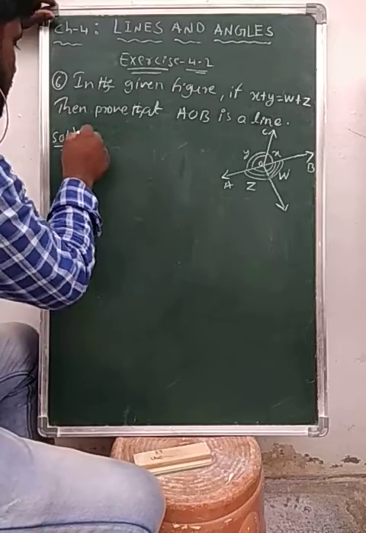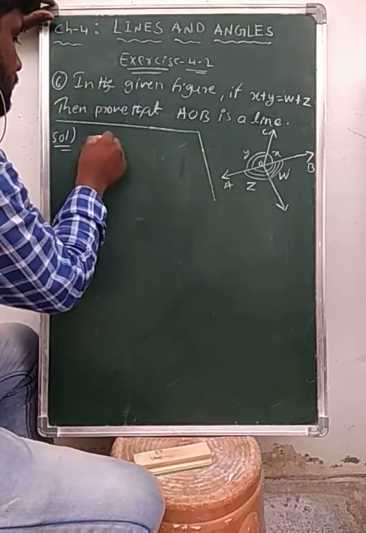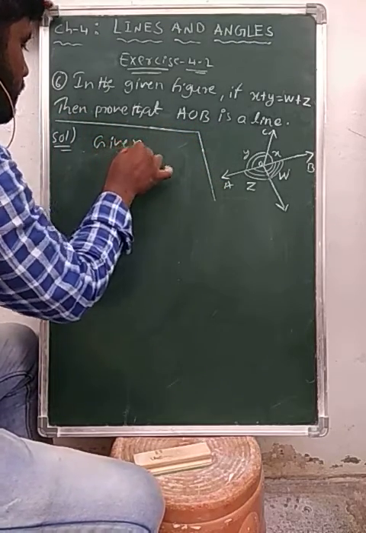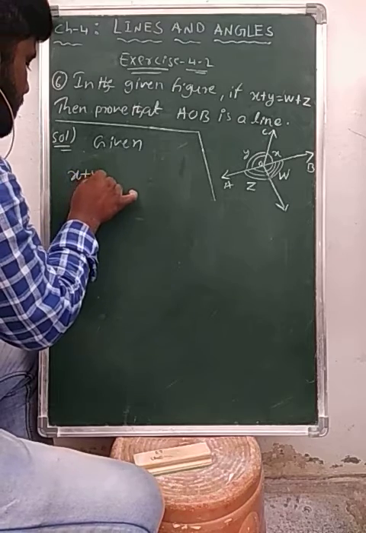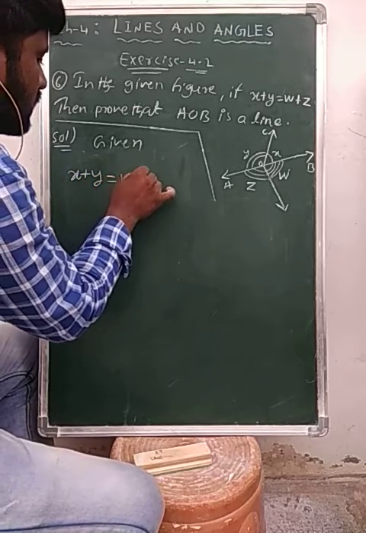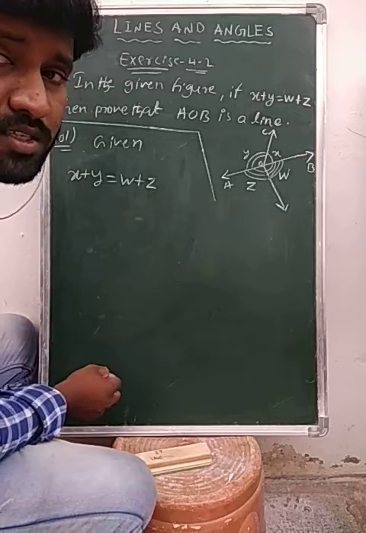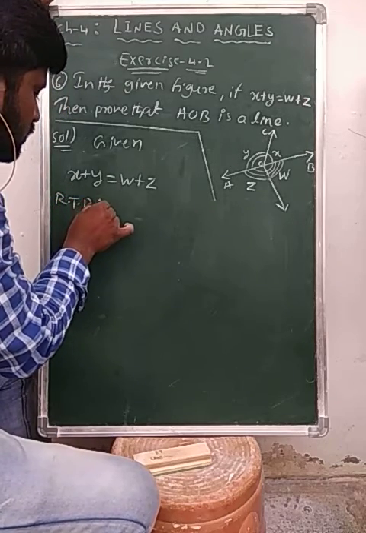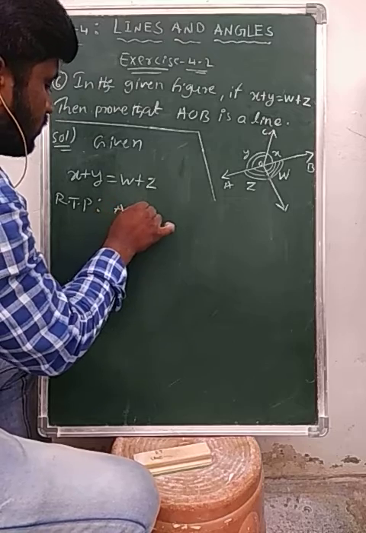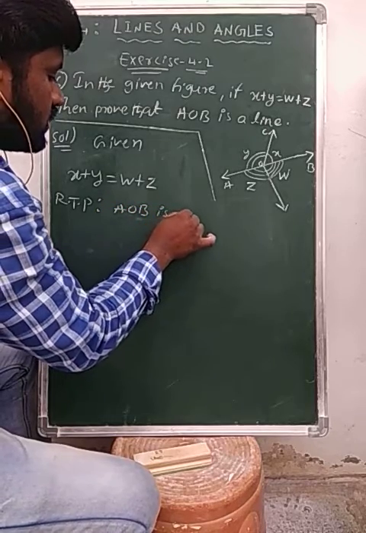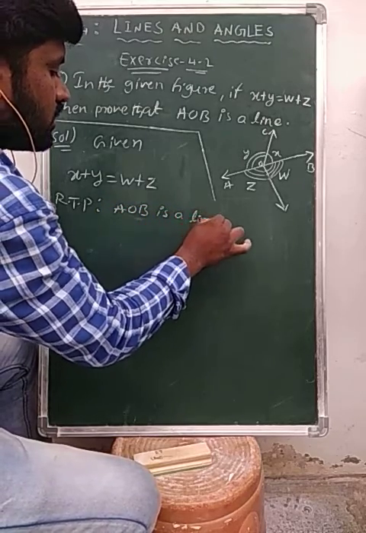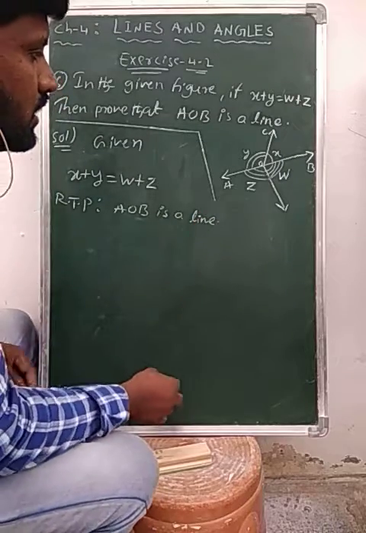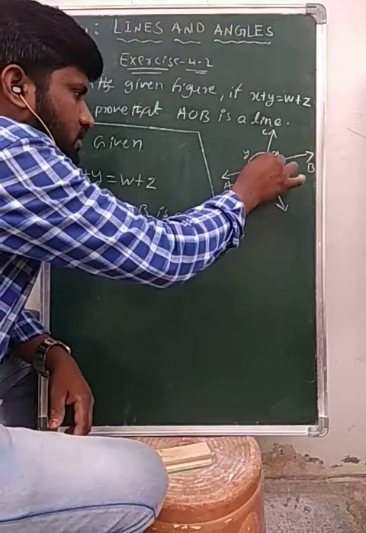Now see, I'm writing the data. Given x plus y is equal to w plus z. Then what is the required RTP? We need to prove AOB is a line. Now you just observe.